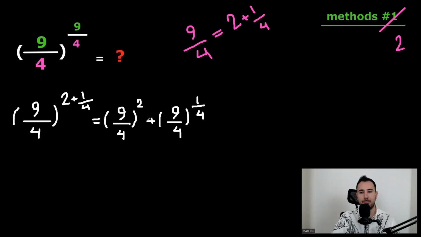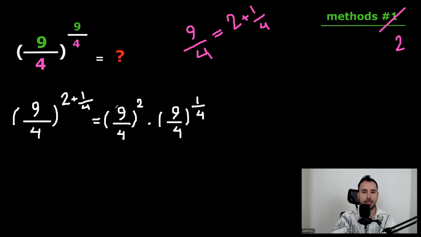So this part, let's just go here. This would be 9 over 4 multiplied by 9 over 4, right? 9 to the power of 2 is 81. 4 to the power of 2 is 16. So, by the way, I made a mistake here. This is not plus. We are multiplying these two. Okay.